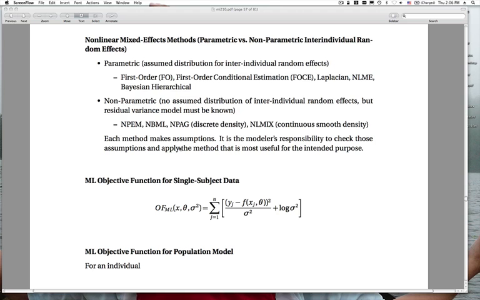That's in contrast to the nonparametric methods, which make no assumption about the distribution of the inter-individual random effects. In fact, the inter-individual random effects are typically allowed to float to wherever they need to be for the model to fit the data. But there is some constraint required, otherwise you'd have a completely unidentifiable system, and that constraint is on the residual error.